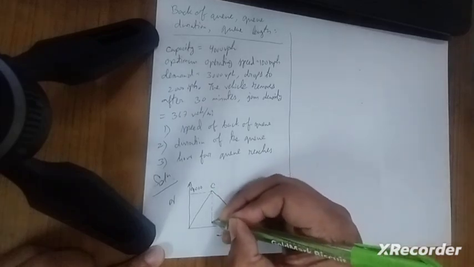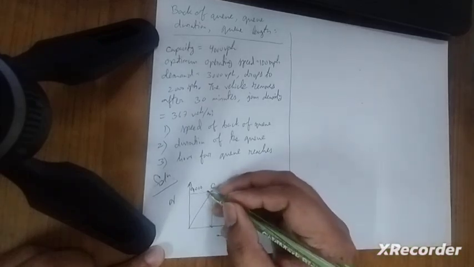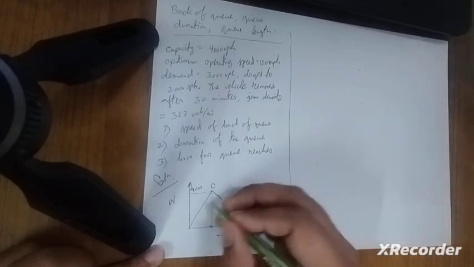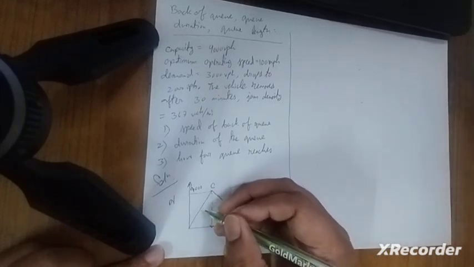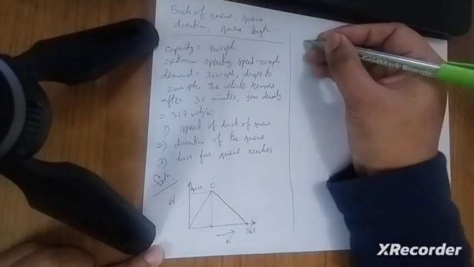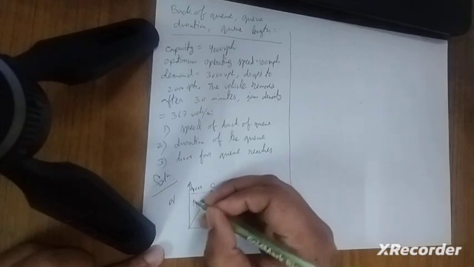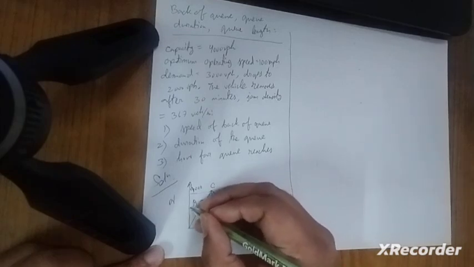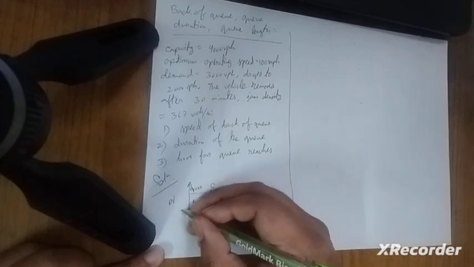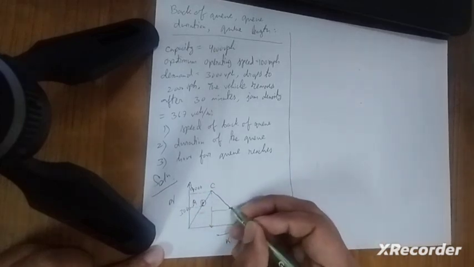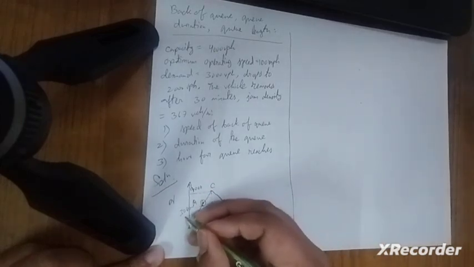For the corresponding density at 4,000 we have to calculate this value. Our operating speed is 100. There are two situations: at A our demand is 3,000, and at B our demand is reduced to 2,000.